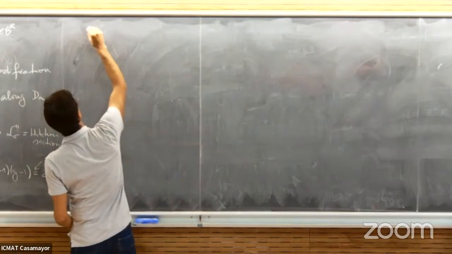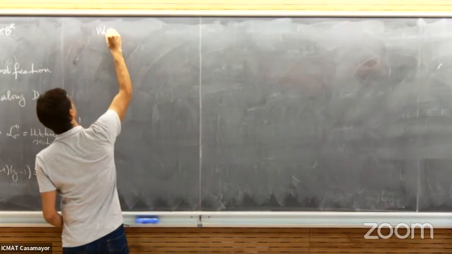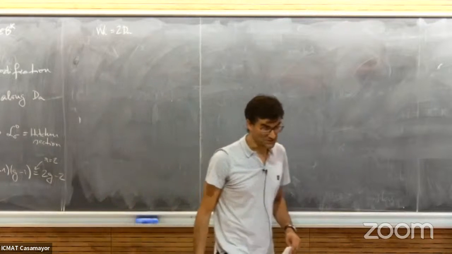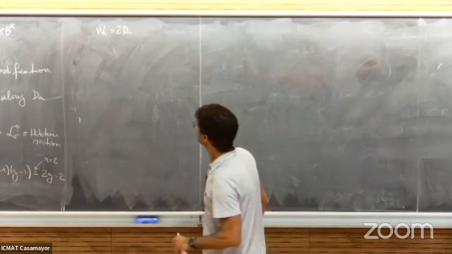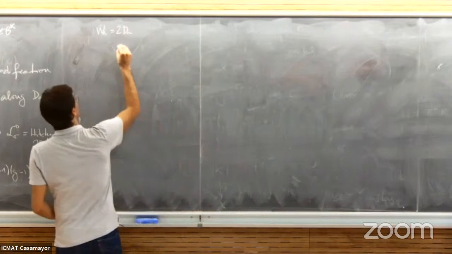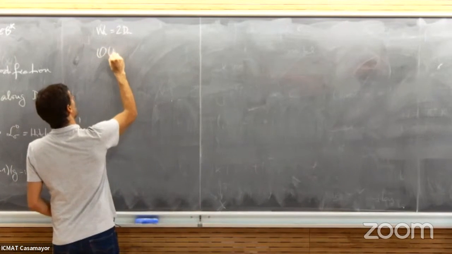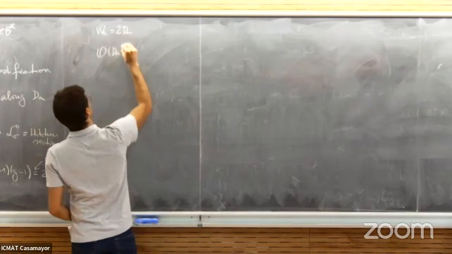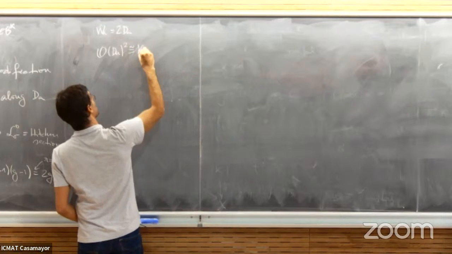So in this case, remember that our branch divisor was this 2 delta_A plus smooth ramification. But then in here, there's no space for smooth ramification. This implies that O(delta_A) squared is K squared.